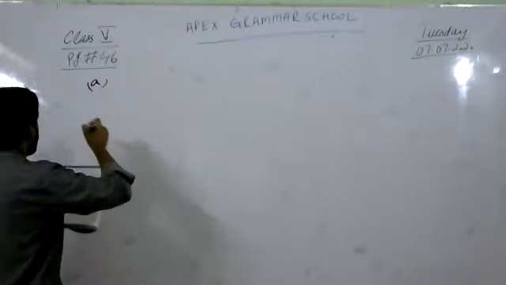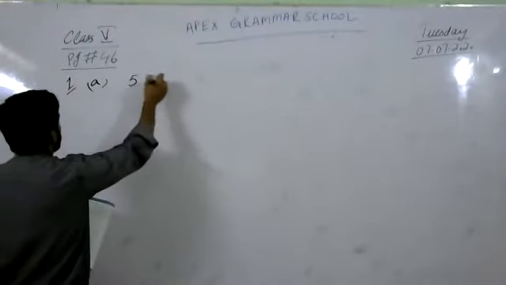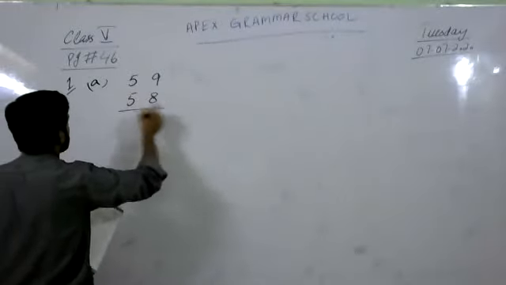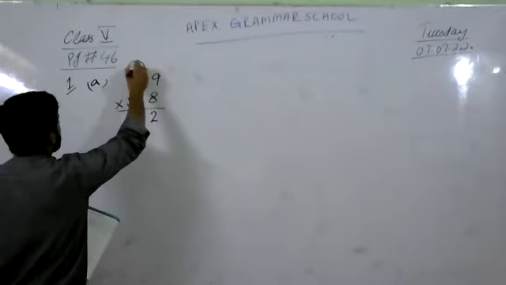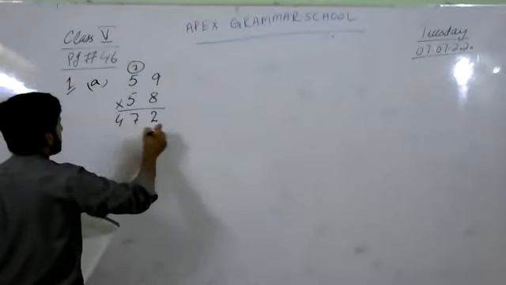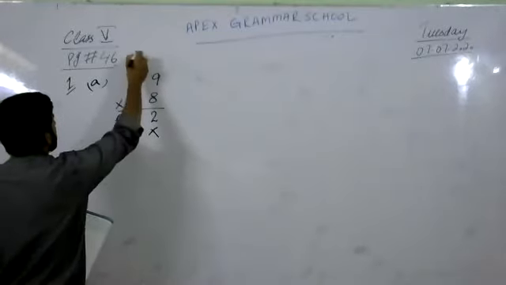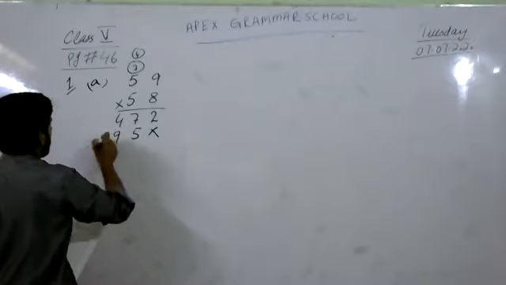A part, question number 1. First is 59 multiplied by 58. 8 times 9 is 72, 7 carry. 8 times 5 is 40, 40 plus 7 is 47. Then 5 times 9 is 45, 4 carry. 5 times 5 is 25, 25 and 4 is 29.